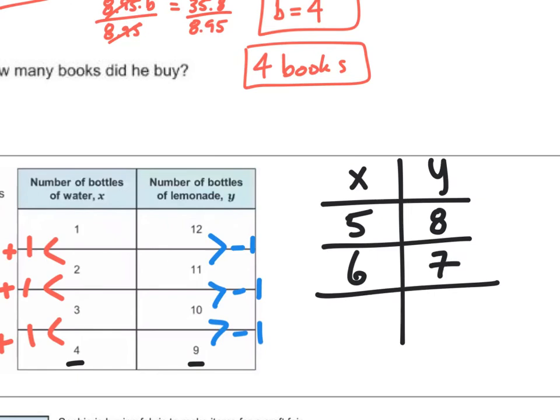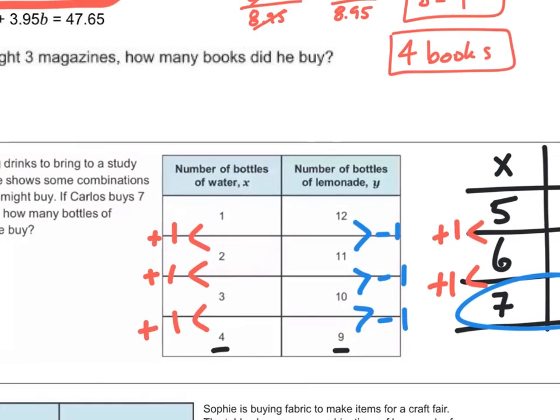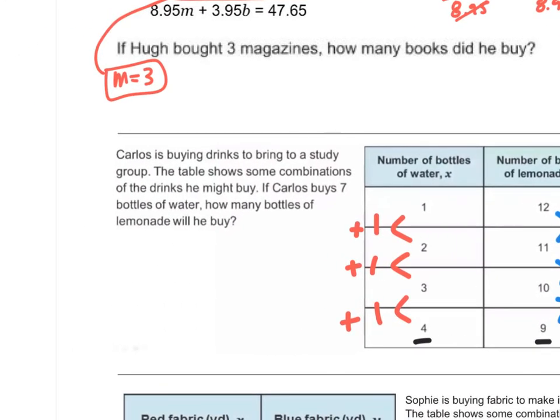Okay? If I have, say, 7 bottles of water, which is what we're looking for, then that means that I have 6 bottles of lemonade. Again, we still need to follow this process of adding 1, and here we would subtract 1 and subtract 1, okay? And that's our answer, okay? So if he buys 7 bottles of water, then he would have 6 bottles of lemonade, okay?